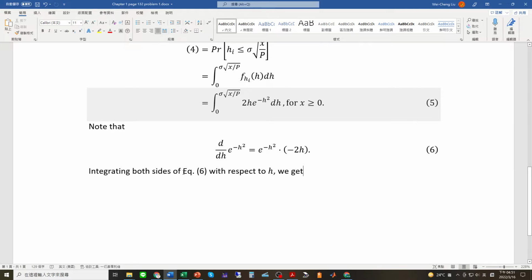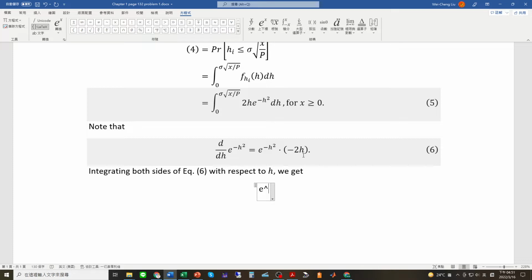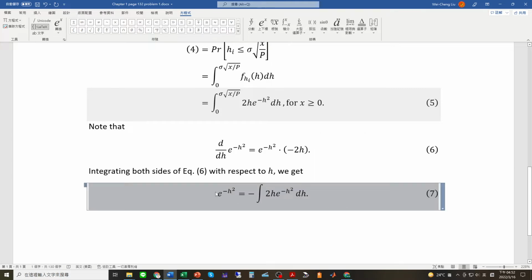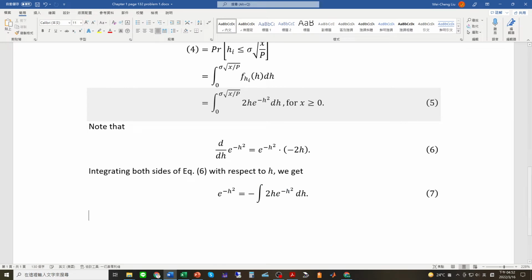Okay, integrating both sides of equation 6 with respect to h, we get the exponential of minus h squared is equal to the minus integration of 2h times exponential minus h squared dh.